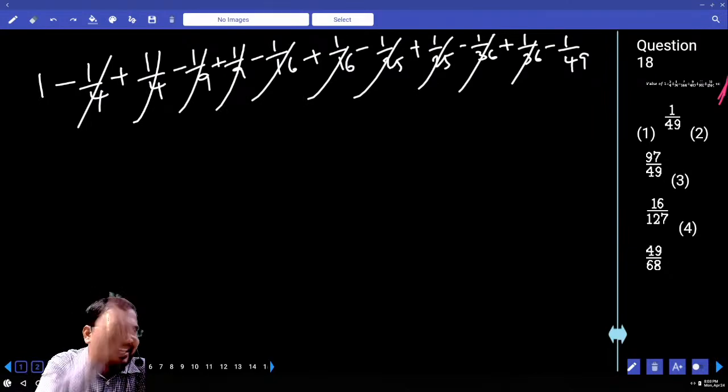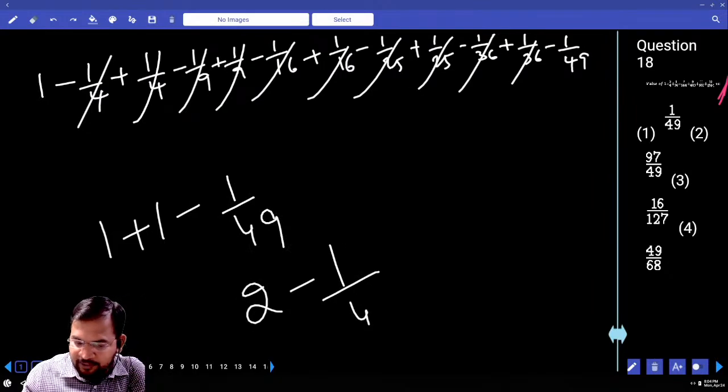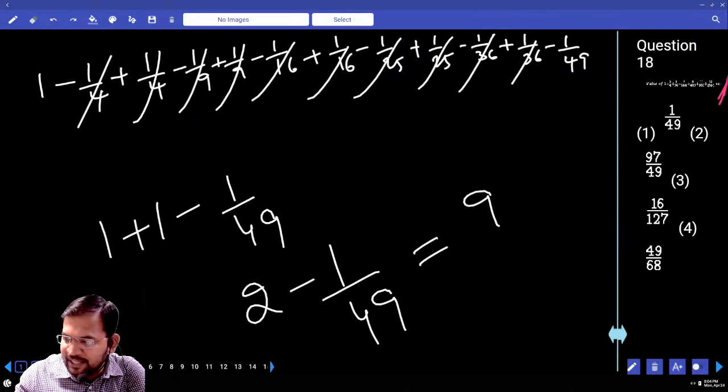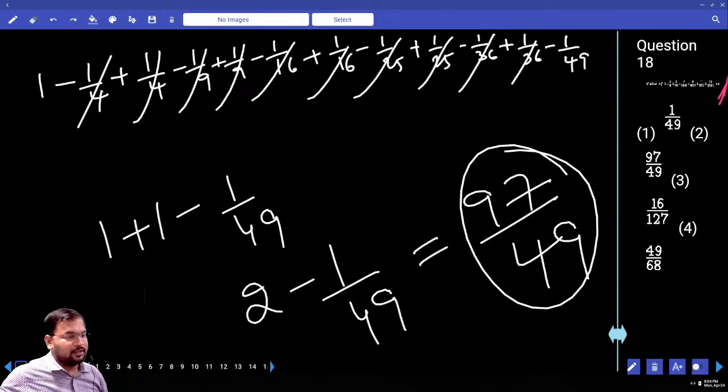Starting 1, then 1 minus 1 by 49. Simply you can write as 2 minus 1 by 49. 49 twos are 98 minus 1, 97 by 49. Your answer is the second option.